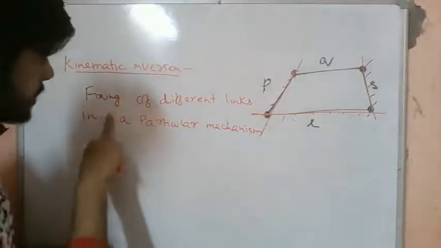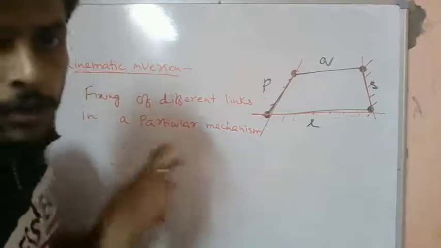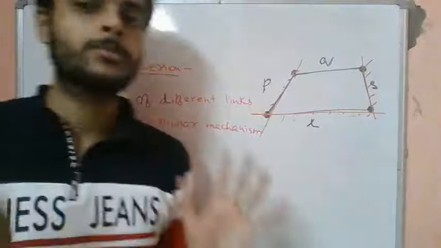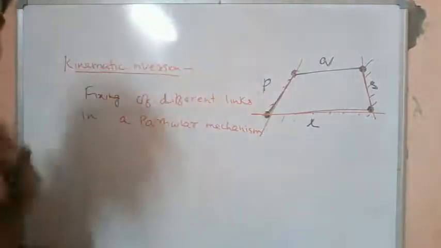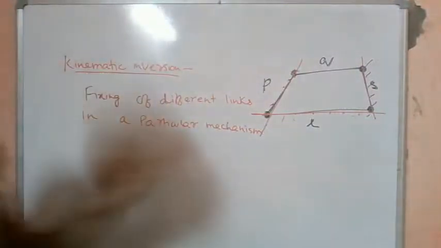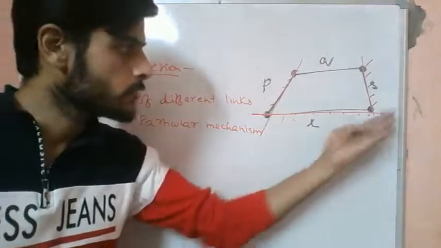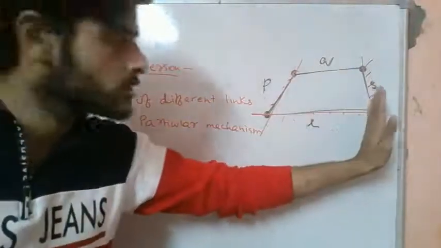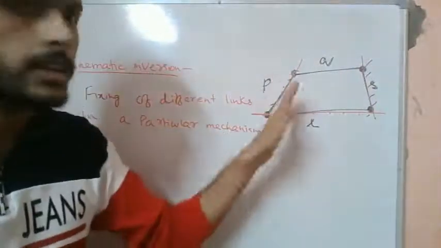Kinematic inversion is applied only on the same mechanism made of the same configuration and the same types of rigid bodies. Then only we will get a kinematic inversion. It is not like we use one mechanism and fix one link, and use another mechanism and fix another link. This is not the case. In the same mechanism, first we fix this link, then we fix another link, then other links.